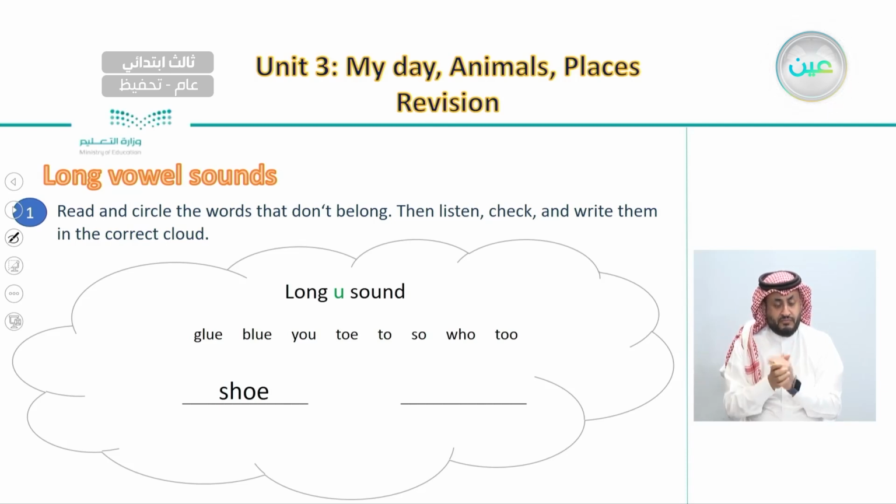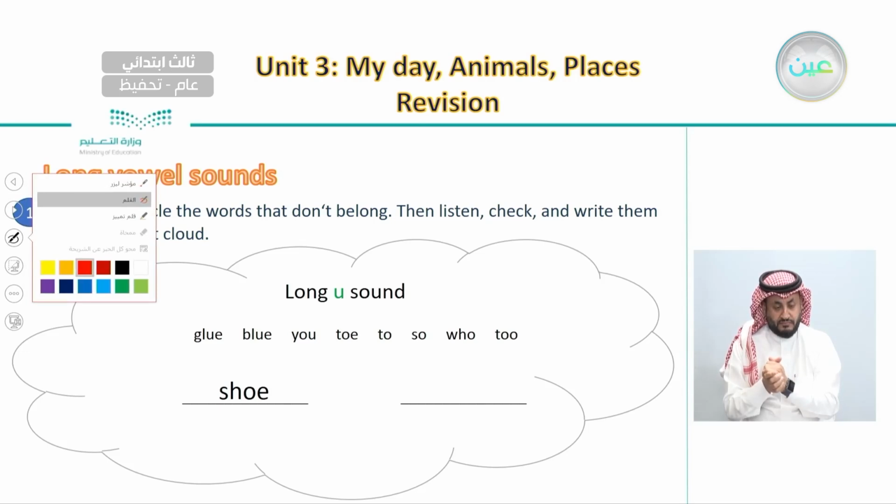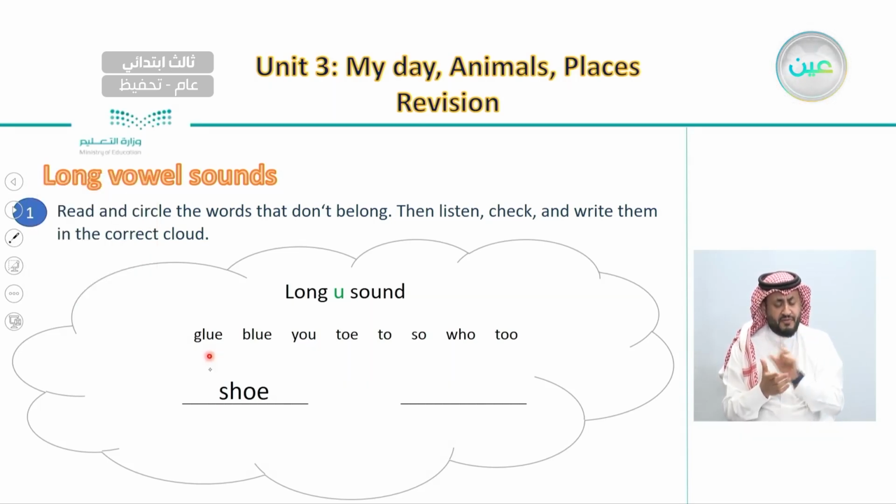Let's listen to the words in this cloud, and then you and I can circle the words or the sound that do not belong to this cloud. So the long U sounds, let's read the words so we can cross out the ones that do not belong here.